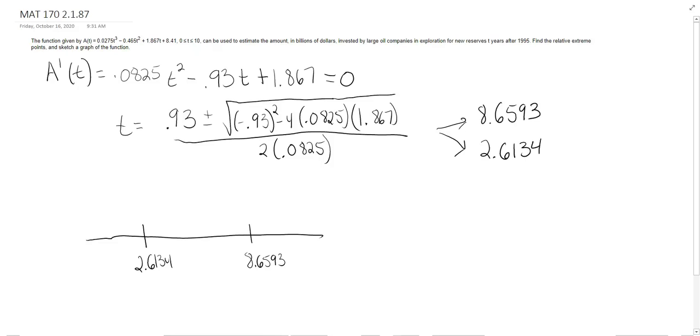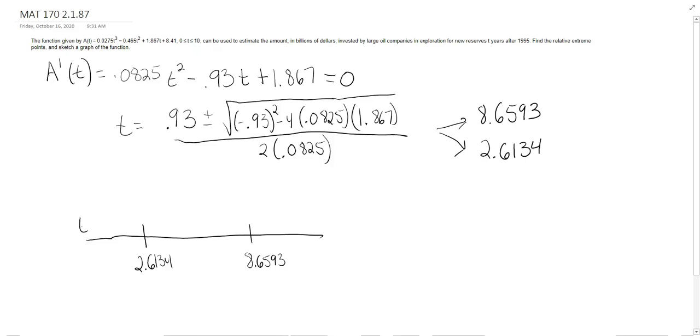I need to pick t values in these three regions: a t smaller than 2.6134, a t between these two, and a t bigger than 8.6593. I take those test values and input them into A prime to see if I get a positive or a negative. I always pick 0 if I am able to.